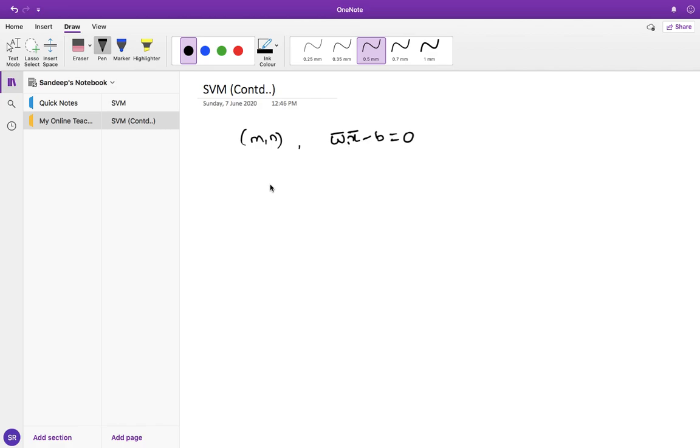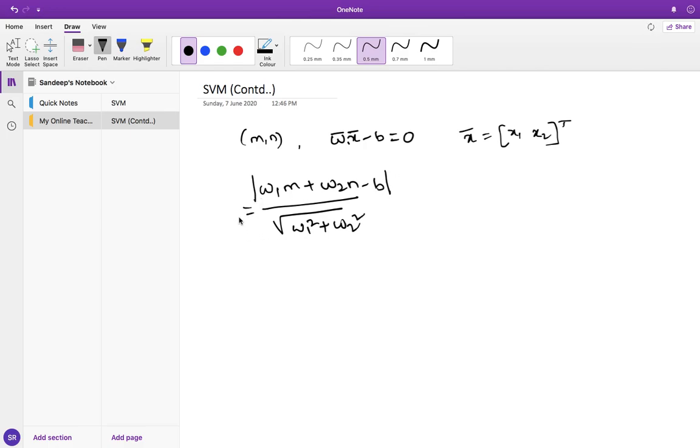Since we are focusing on the two-dimensional case, x bar is nothing but x1, x2, a column vector you can consider. So the equation becomes the modulus of w1 m plus w2 n minus b divided by the square root of w1 square plus w2 square. So this is the distance from the support vector point to the hyperplane.